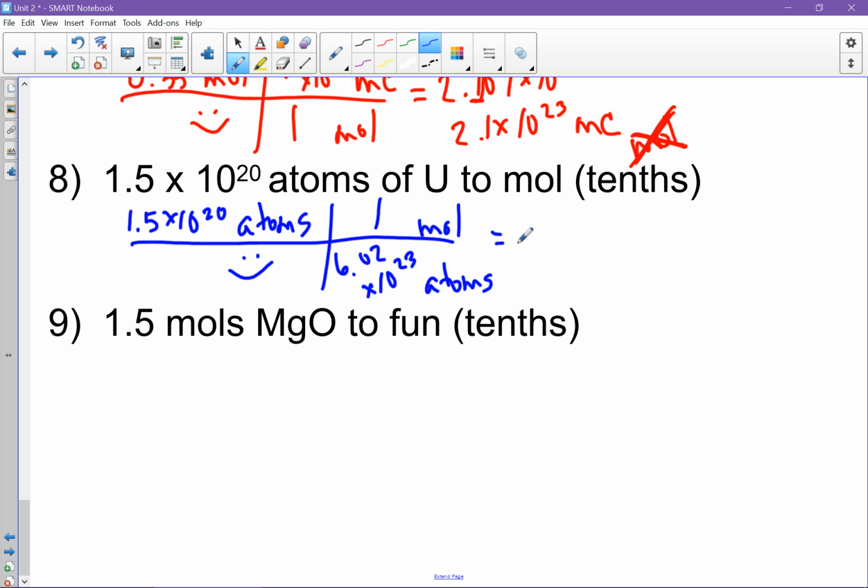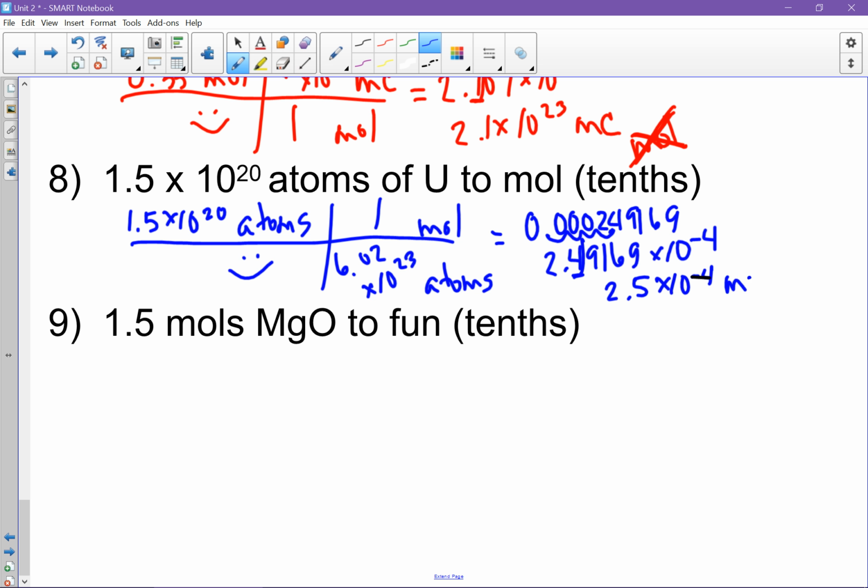Your calculator should say to you 0.000249169, which we can't round to the 10th place. So let's put it back into scientific notation by putting my decimal here. It's going to be 2.49169. 1, 2, 3, 4 times 10 to the negative 4, that scientific notation from before. Then we can round it to the tenths, which is here. Becomes 2.5 times 10 to the negative 4, and we were looking for mole.